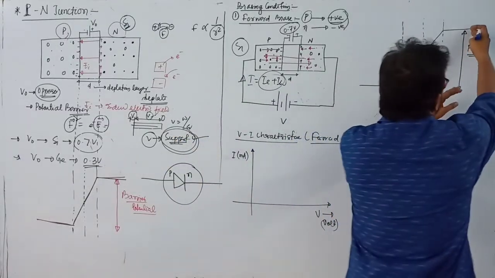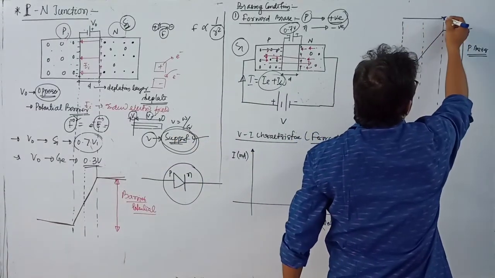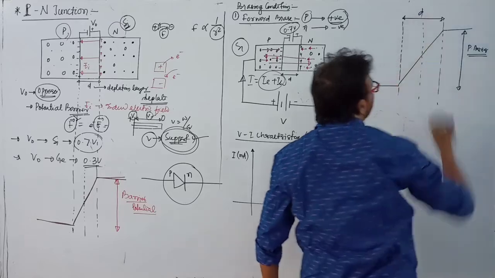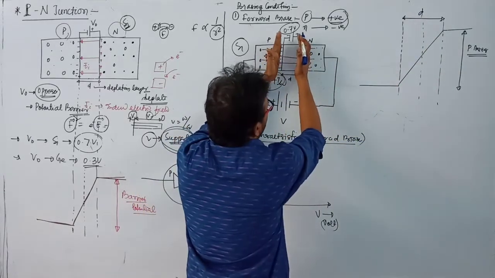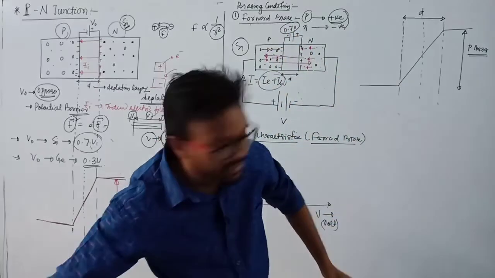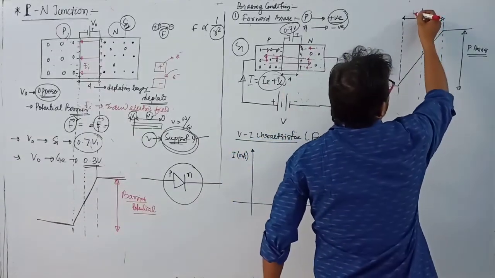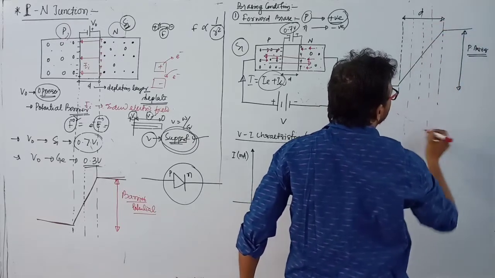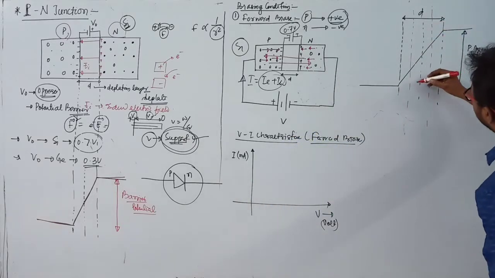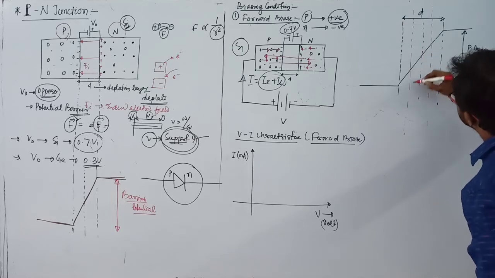So this is the initial case, or you can say this is the depletion layer D. For the forward bias case, this depletion layer decreases, so you can again draw this diagram like this. Clear? And here this depletion layer like this.